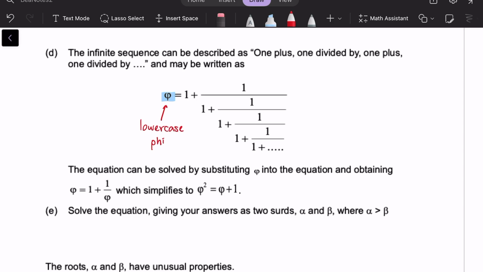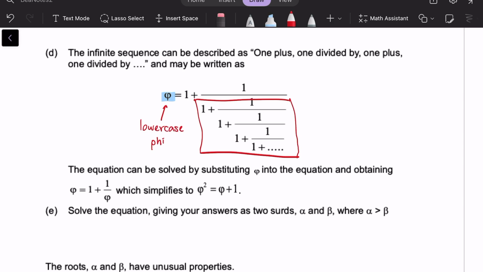Basically, the idea of this informative part of the investigation is trying to explain how to simplify this infinite sequence. Because we know that lowercase phi is equal to that infinite sequence 1 plus 1 divided by 1 plus 1 divided by etc. We know that this part underneath is also an infinite sequence of 1 plus 1 over etc, right?